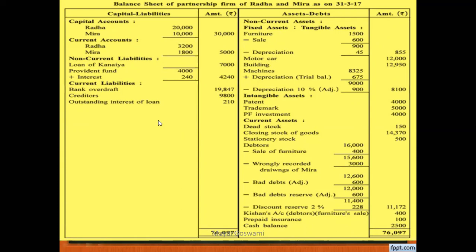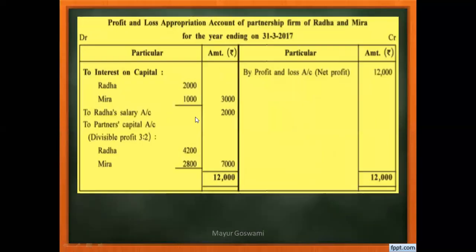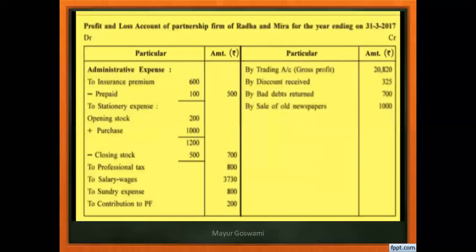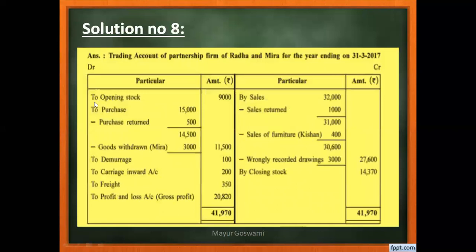And on the liability side, write down bank overdraft. Amount is 19,847. Then after opening stock, come to the trading account debit side, to opening stock 9,000 rupees.